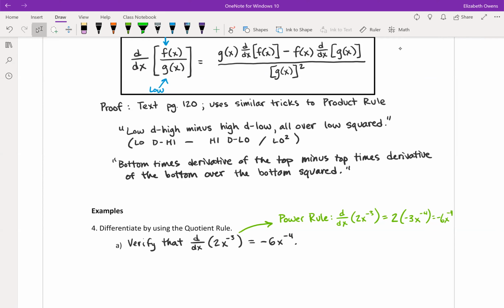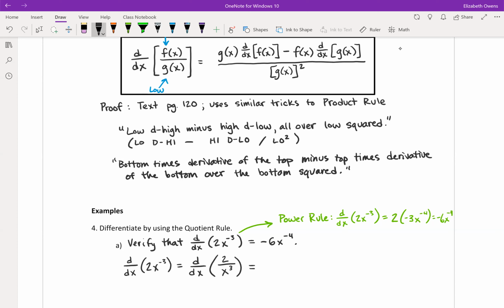Okay, and to do that, we're going to write our expression 2x to the negative third as a quotient instead. We're starting this off kind of nice and soft here. We just have 2 over x cubed. Nothing too crazy going on in that numerator or that denominator.